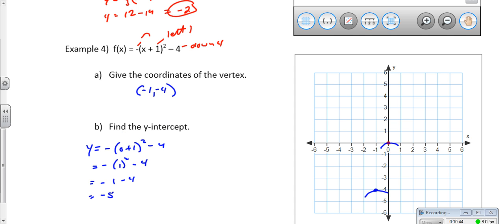So if I were to fix this graph, and write down that the vertex is at -1, -4, the y-intercept is -5. That would be mirrored to there, and it would be something like that. Not a V, but a U, remember.